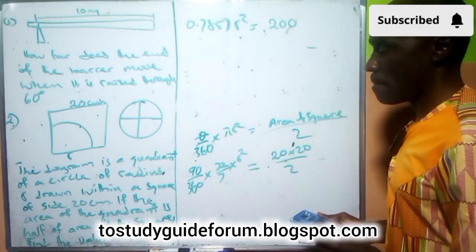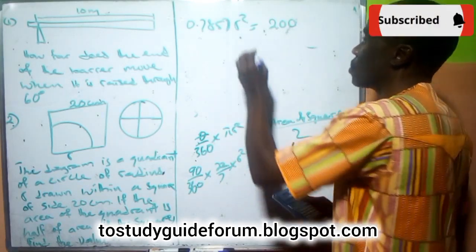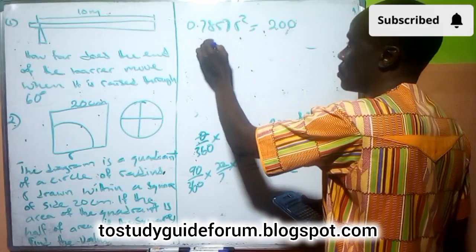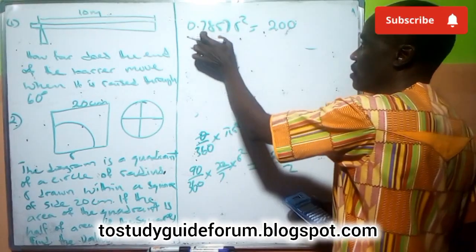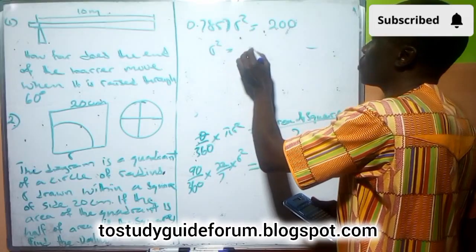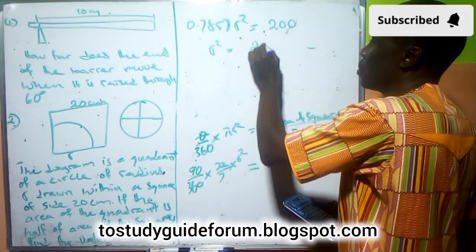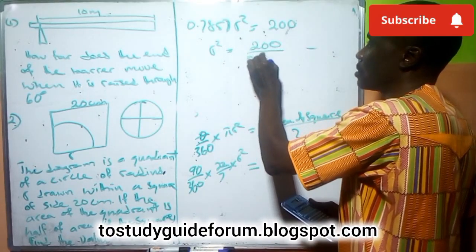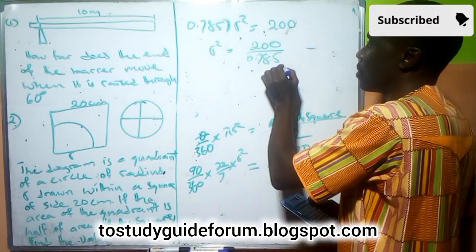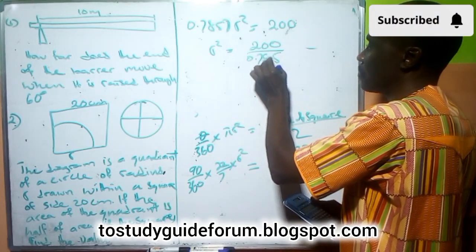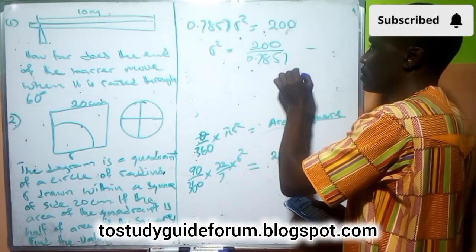That's for the area. So now for r squared, when we divide both sides, we'll move this over to this place. Then what we have will be 200 over 0.7857.